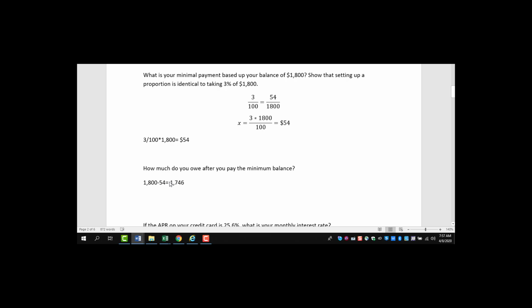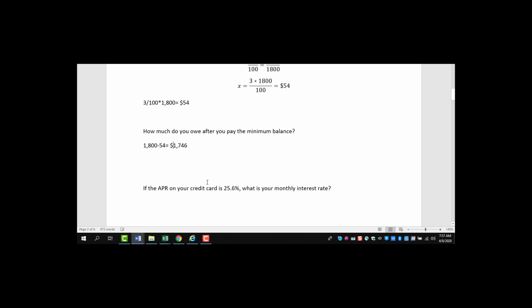Yeah. So now that we know what our balance is after we pay the minimum amount, we're going to have to find out how much interest we're going to have to pay to the credit card company for carrying this balance.